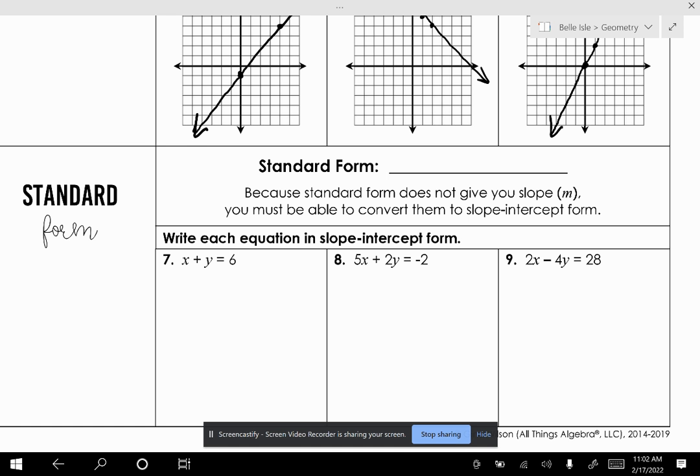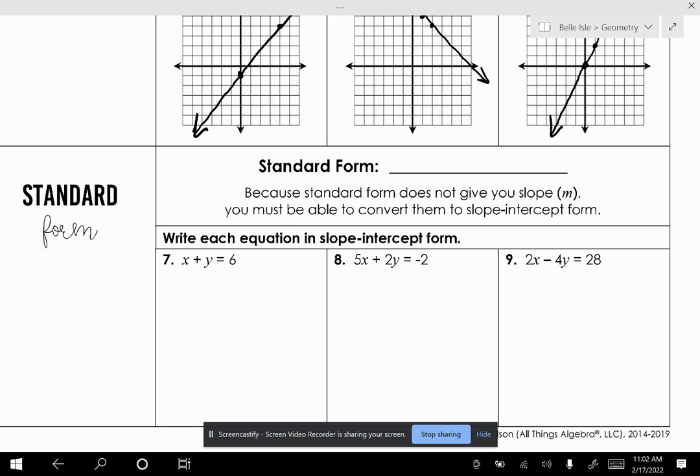Okay, standard form. Guys, be quiet. Did anybody come up with it? Connor, what is it? X plus y equals b. Oh, you were so close. Rocco, do you know it? Yeah, it's form of which is standard.